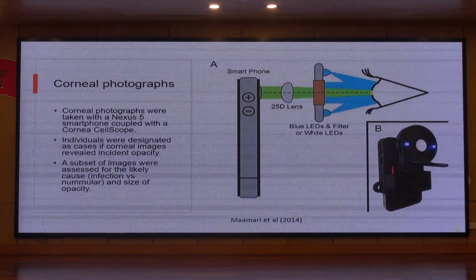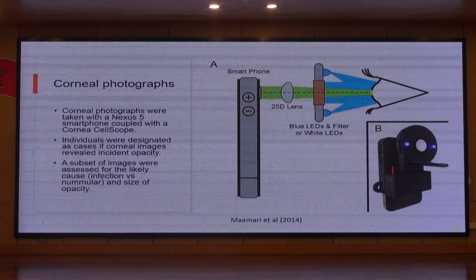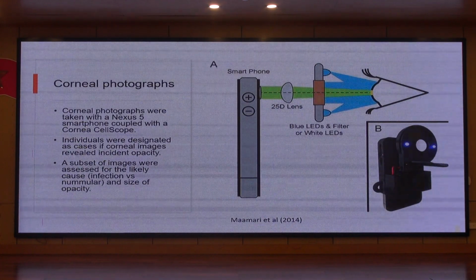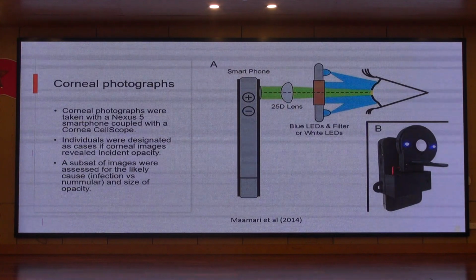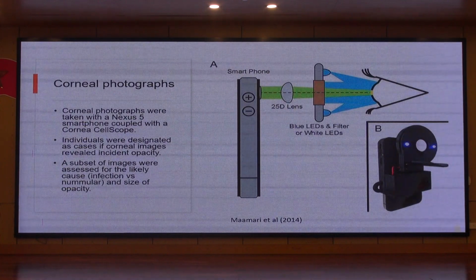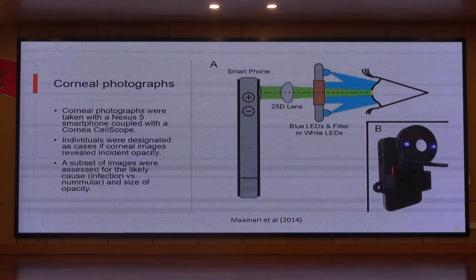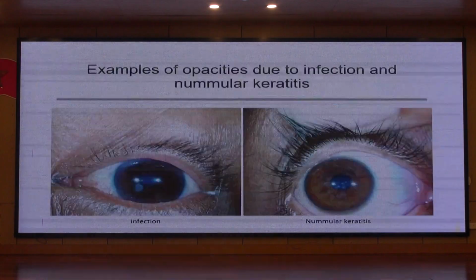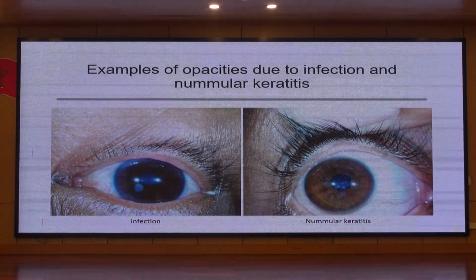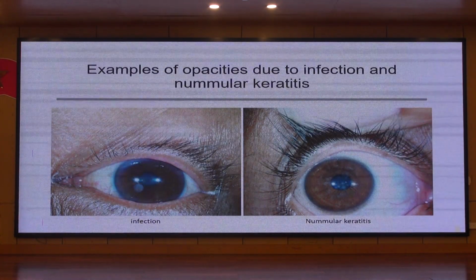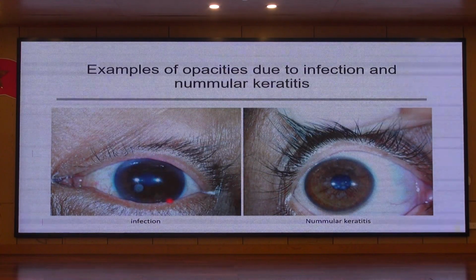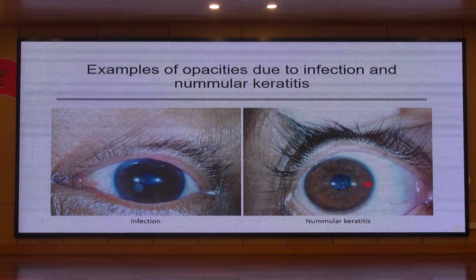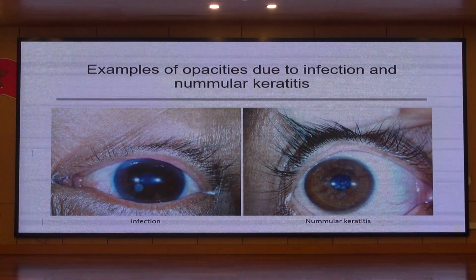Individuals were designated as cases if corneal images revealed an opacity, and a subset of these images was then assessed for the likely cause and site of the opacities. For the cause of the opacity, we are most interested in distinguishing infections from pneumokeratitis. These are some examples of corneal images from the participants. The one on the left is characterized as opacity secondary to infection, and the one on the right was characterized as pneumokeratitis.